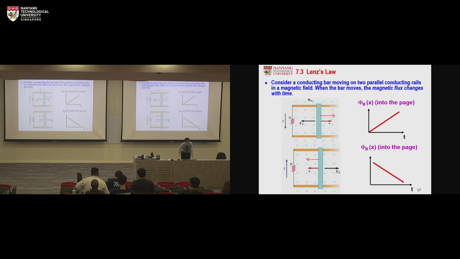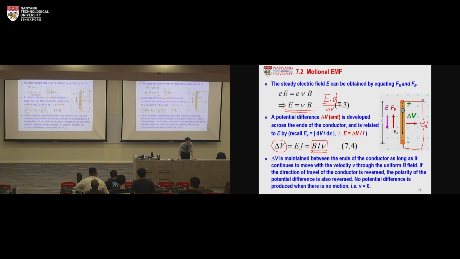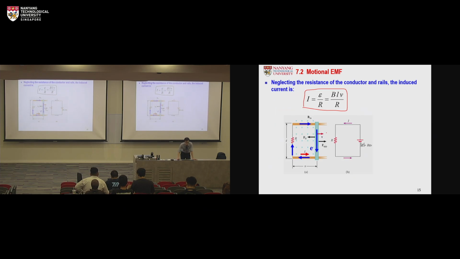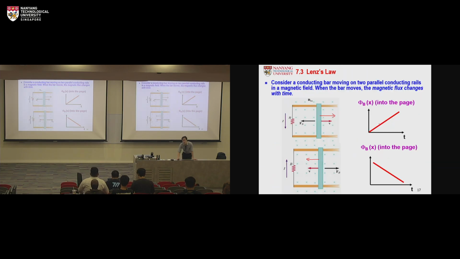Just now, based on the understanding of motional EMF, of course, you can determine the polarity of this delta V, and then you can for sure determine the direction of the current flow inside the loop. But we can also directly use Lenz's law, if the question is only about determining the direction of I.